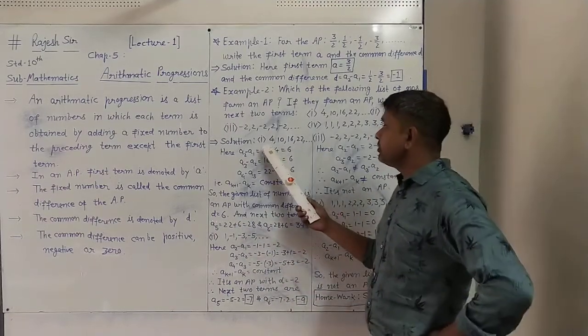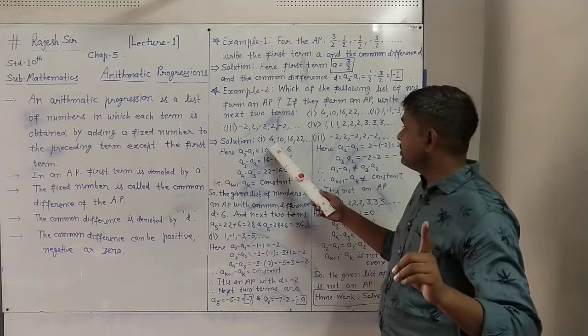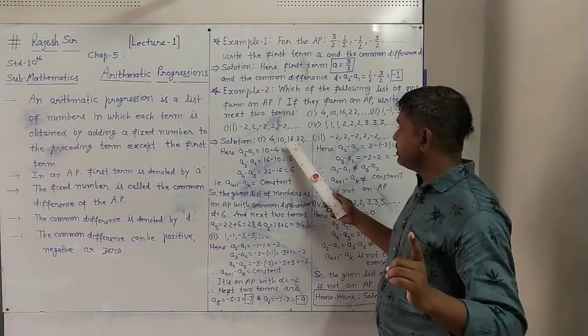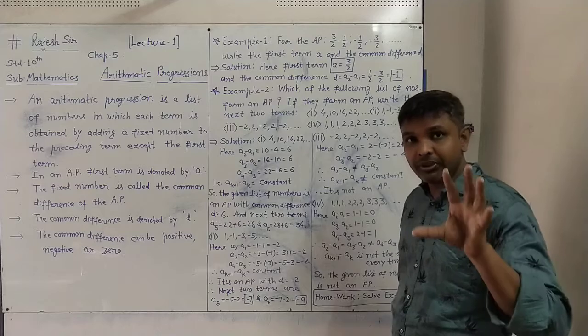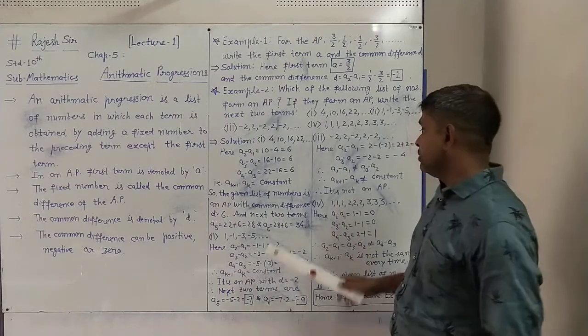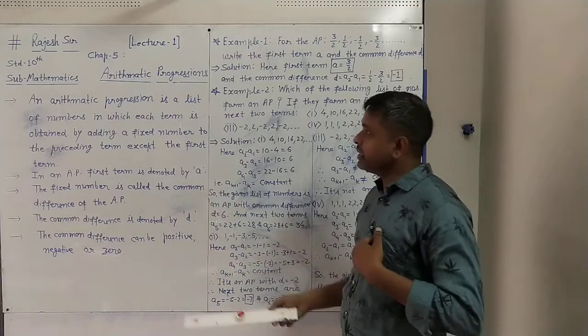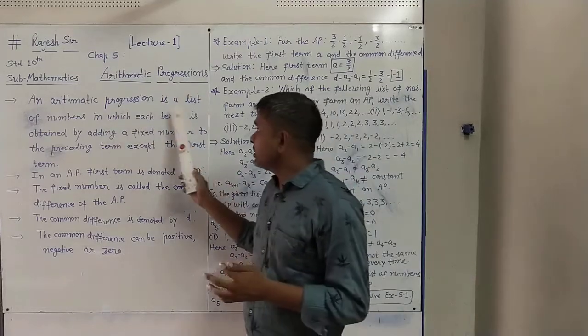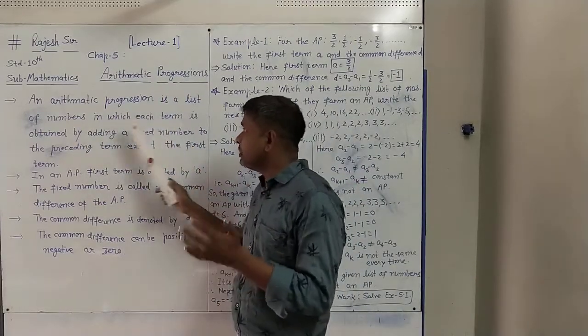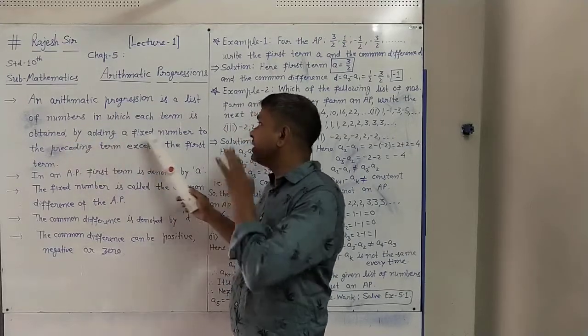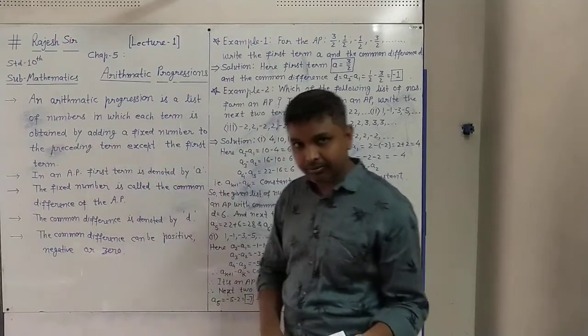And how to get the next two terms now? Next two terms means the first four terms are given: first term, second term, third term, and fourth term. Next two terms means we want the fifth and sixth terms. To get the fifth term, how can we get it? By the definition you can understand. An arithmetic progression is a list of numbers in which each term is obtained by adding a fixed number to the preceding term.